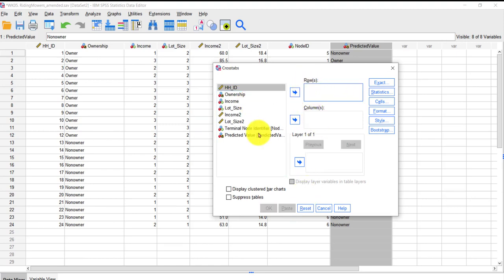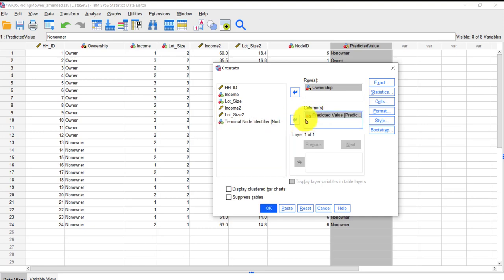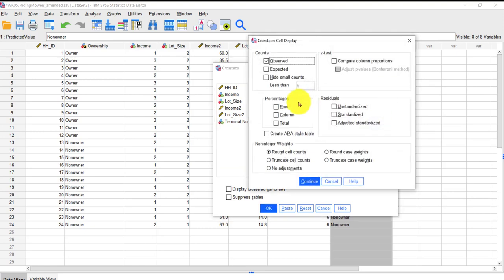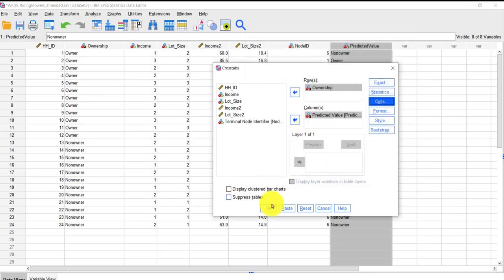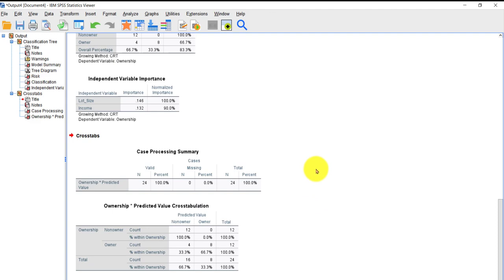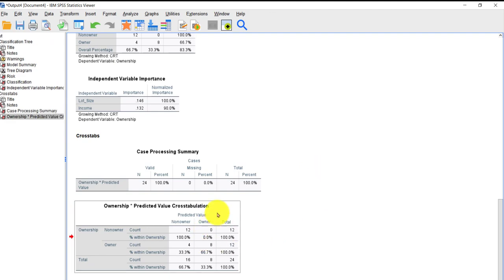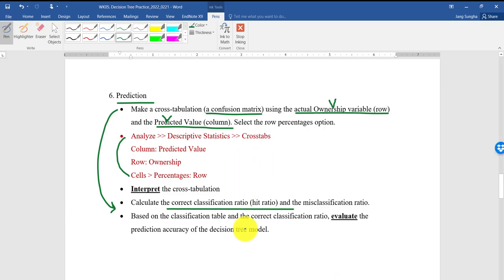Again, the actual ownership goes to row, and then predicted value or predicted ownership goes to column. And then let's do row percentages. Continue, and then OK. Now we have this table, and I'm going to copy and paste this one in the Word document.